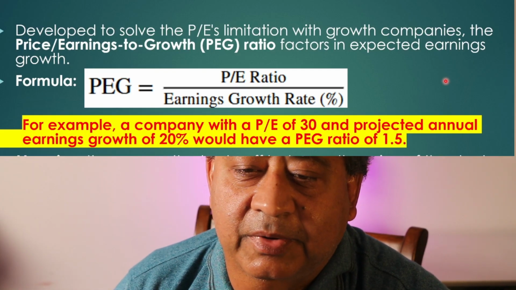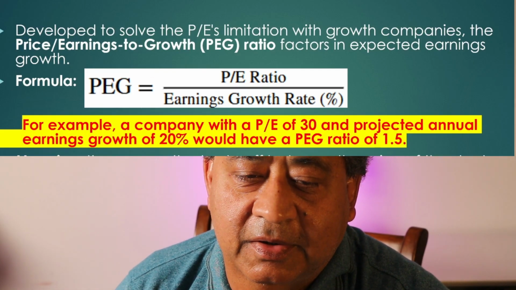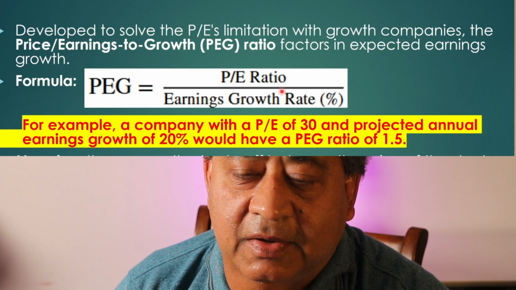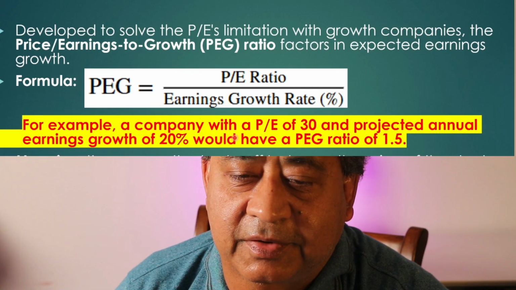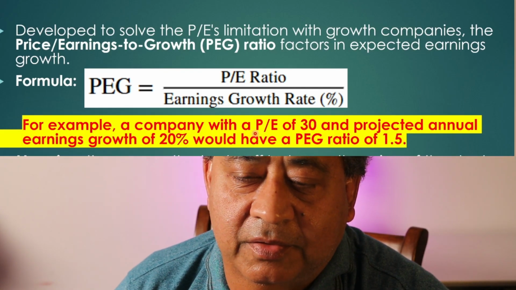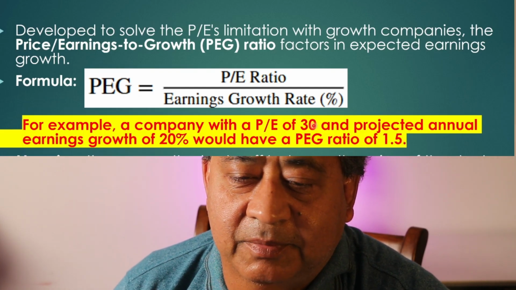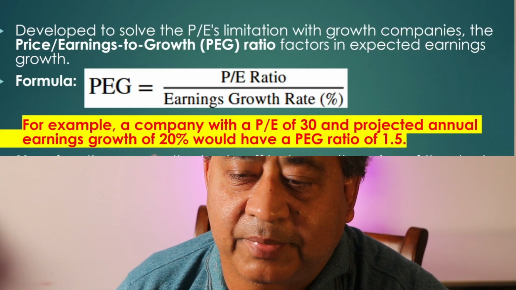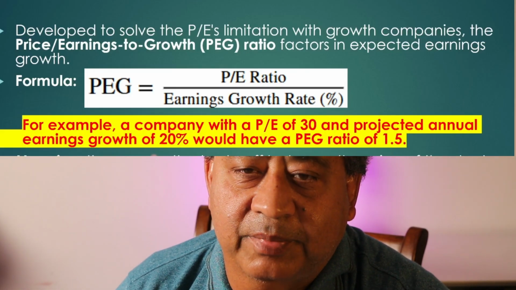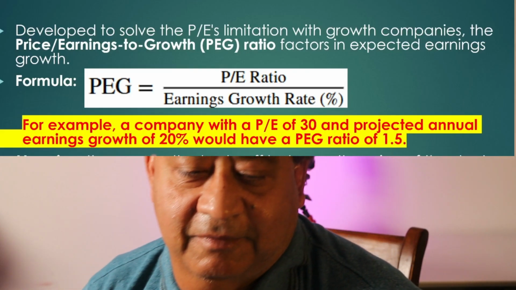For example, if a company's PE ratio is 30 and it has a projected annual growth of 20%, then the PEG ratio is 30 divided by 20, which is 1.5. It measures the trade-off between the price of the stock and the company's expected growth.